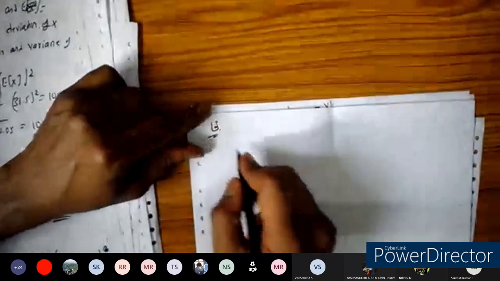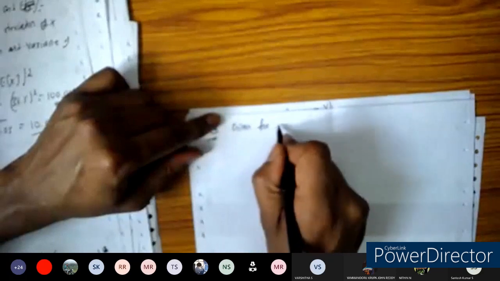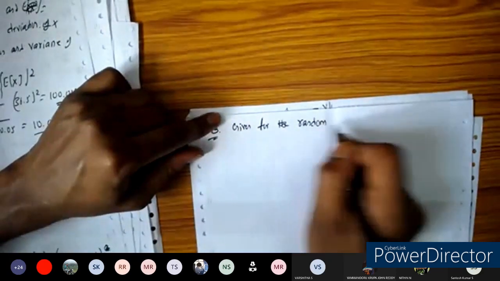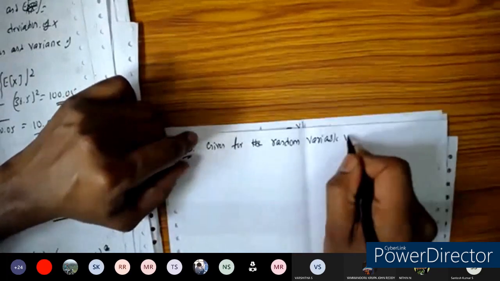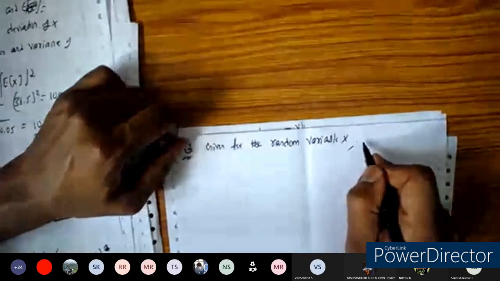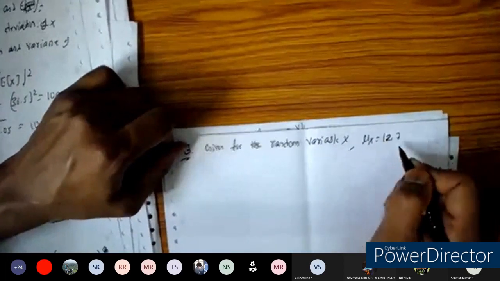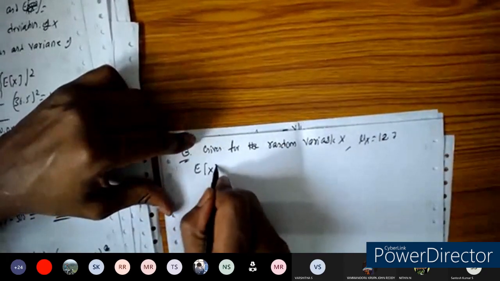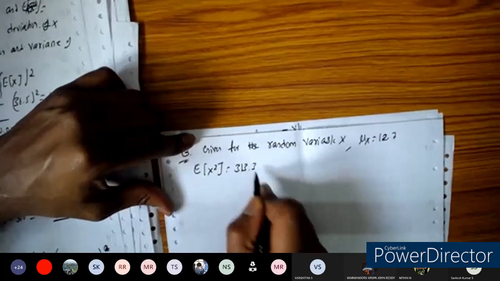Given for the random variable x, mu x is equal to 12.7, and the expected value of x square is equal to 313.3.